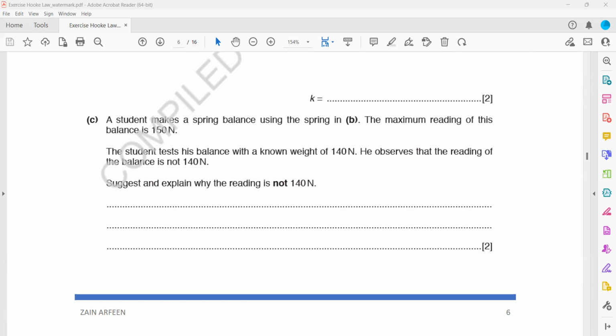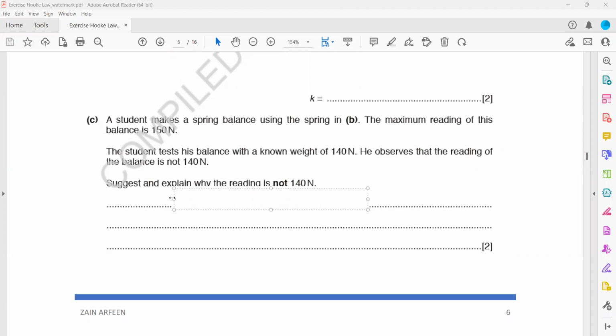Look, what might happen is, till 120 we know it was obeying Hooke's law. If you increase the force, the extension was also increasing at the same rate. But when the student uses the spring to make a spring balance and adds a load of 140, maybe at the load of 140 the spring does not obey Hooke's law, or the extension is not directly proportional to the applied load, or the spring may cross the elastic limit. 2 marks are there.